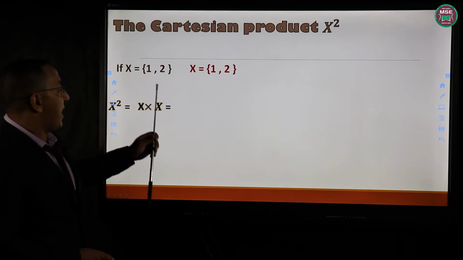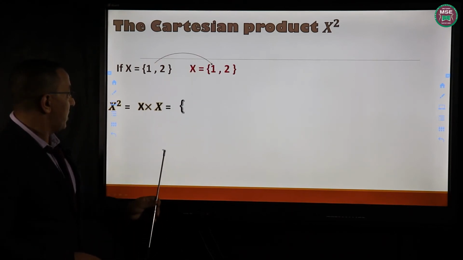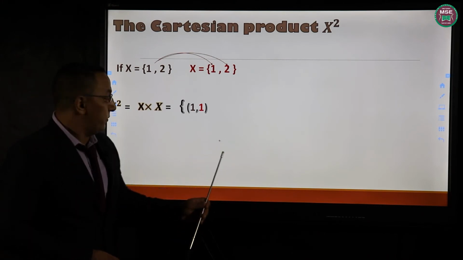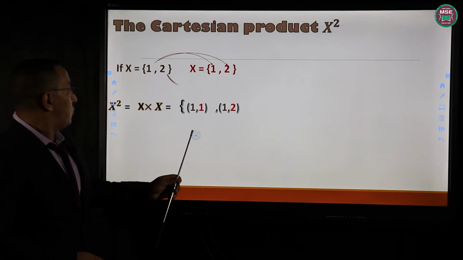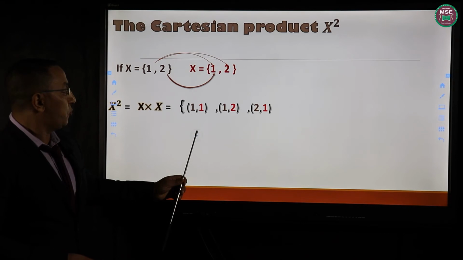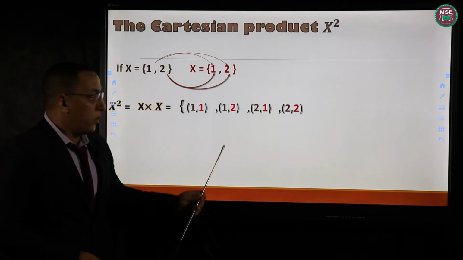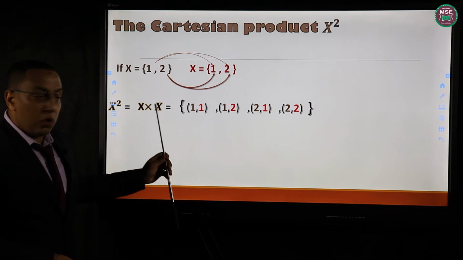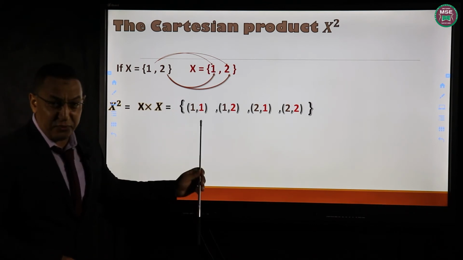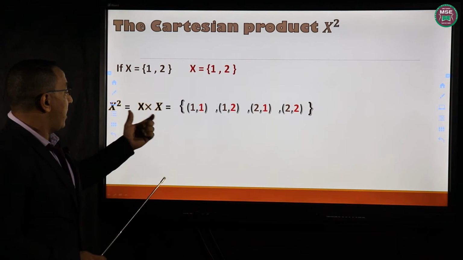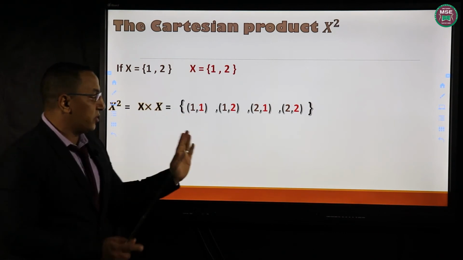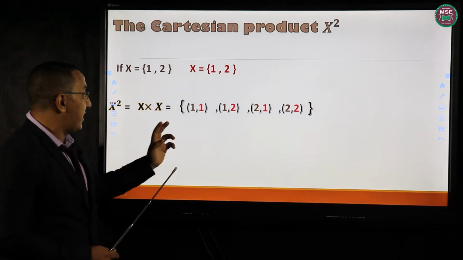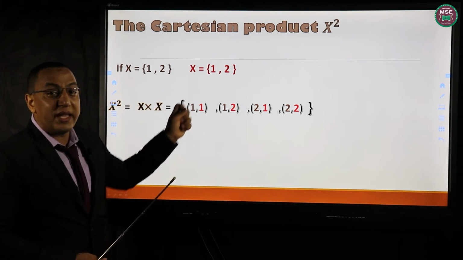Here we have (1,1), (1,2), (2,1), (2,2). So X power 2, or X product X, or X distributed among itself, equals the set which represents the ordered pairs like this.